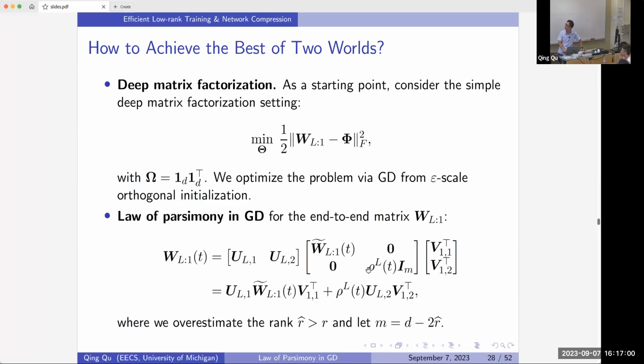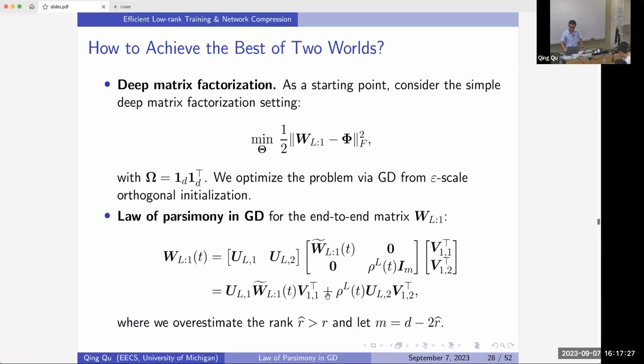And by this low-rank parsimony, you can expand this and write it as a summation of the first part, which is about the compressed subspace, plus the rest of the subspaces.